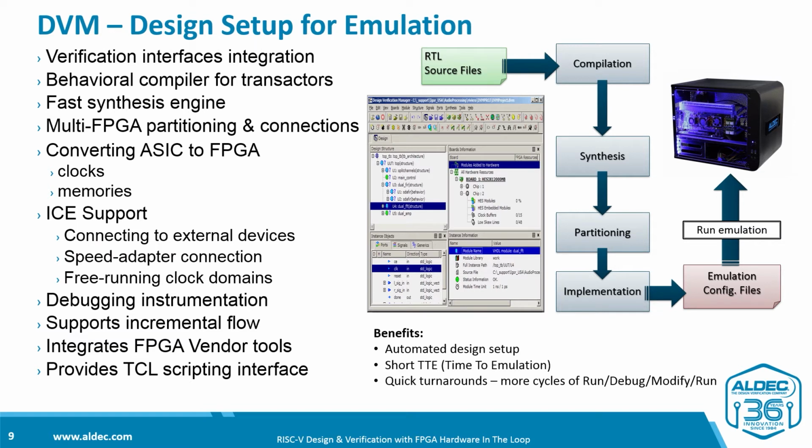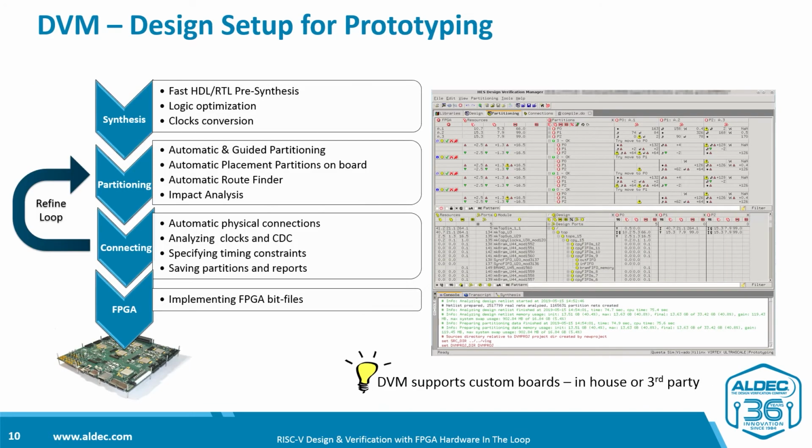At the end of the flow, DVM also integrates with FPGA vendor tools to automate last stage, which is FPGA implementation. That's place and route and bitstream generation. You can also create a TCL script and use it in the future for further setup flow automation.